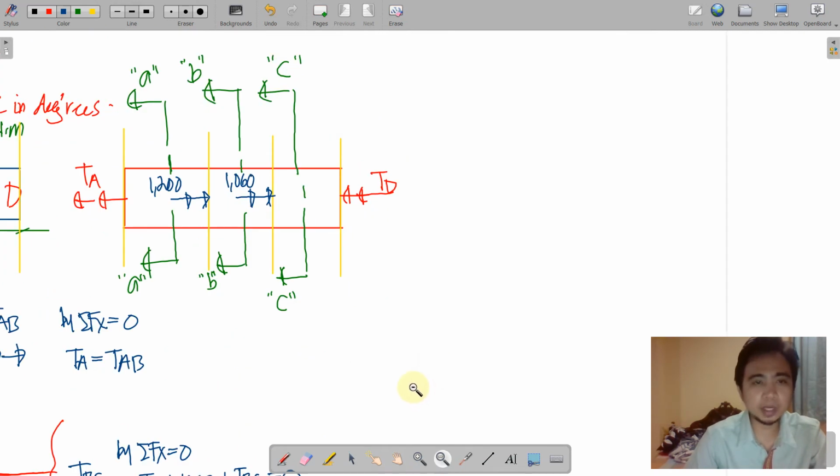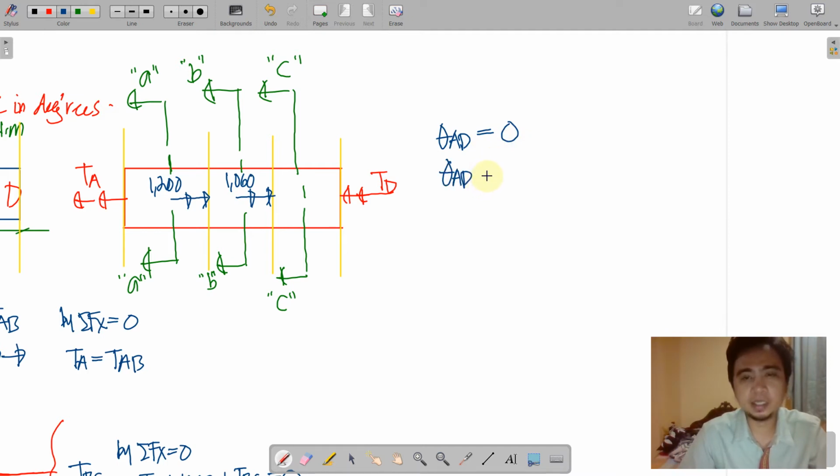And what will be our criteria here? Let us bear in mind that A and D are restrained. So therefore, there will be no rotation from A to D. So we can say that theta AD, the rotation, is 0.